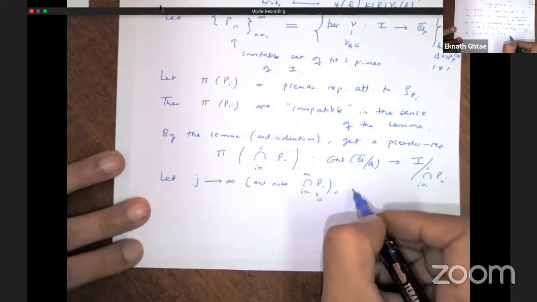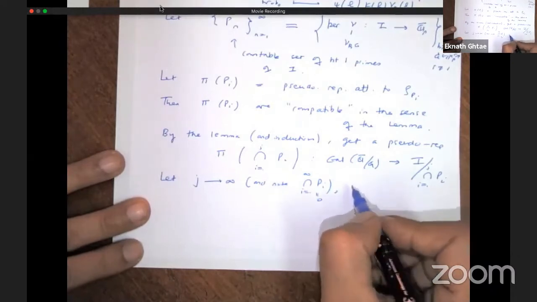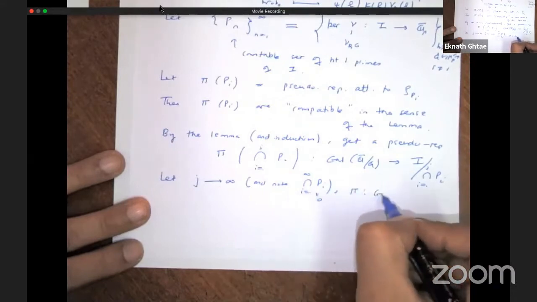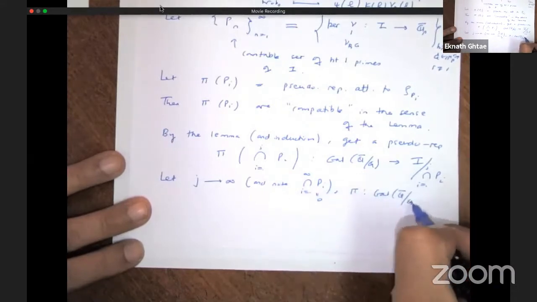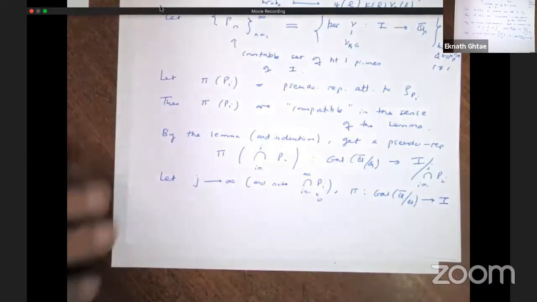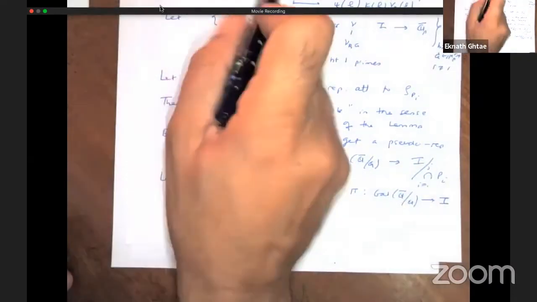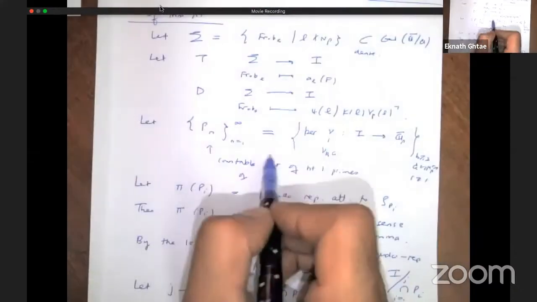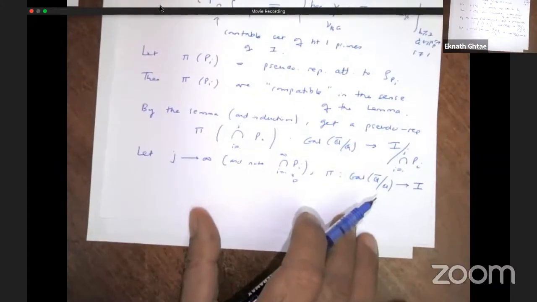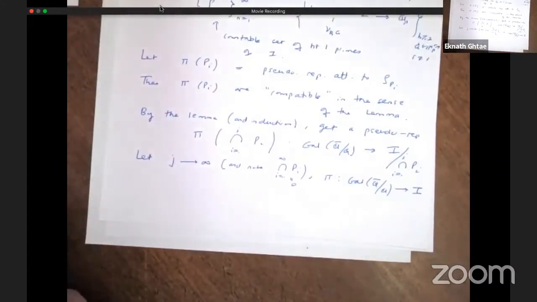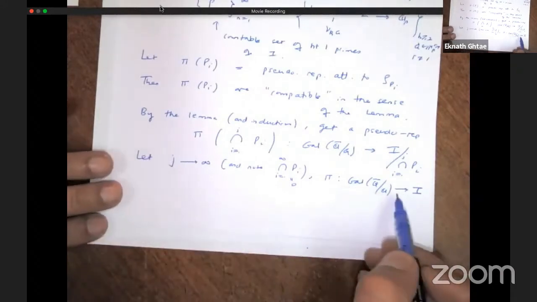And you get a pi from the Galois group of Q bar over Q to I, whose trace is T and whose determinant is D, these particular T and D which are up here, at least on a dense set of primes, and actually on all of G. So now we've got a pseudo representation with values in I.